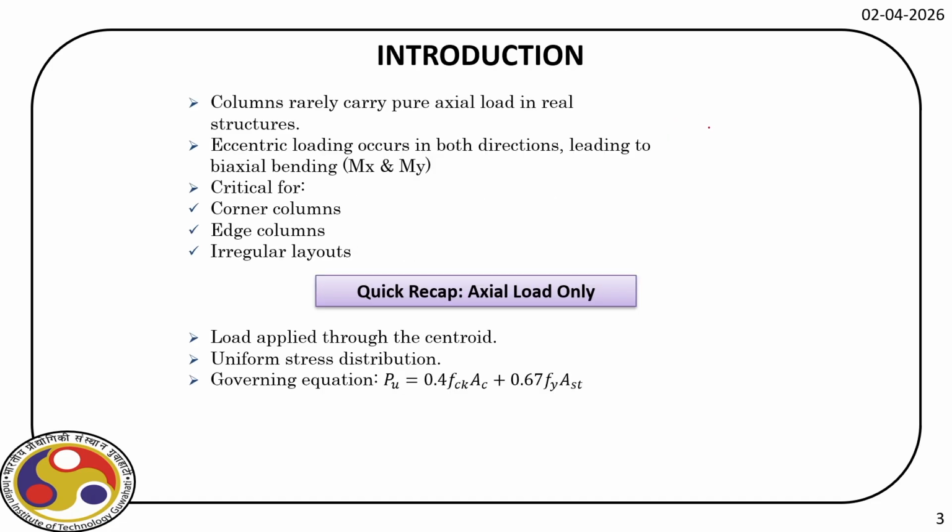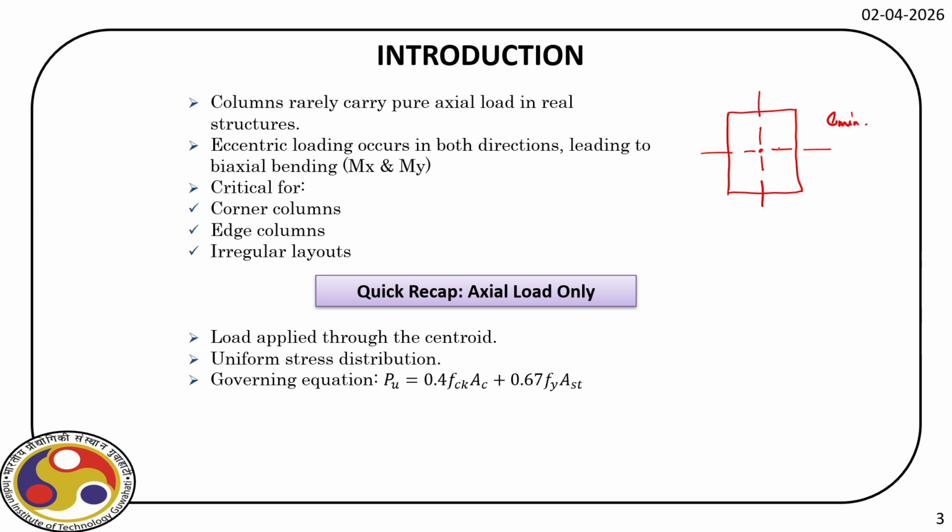Now if you recall, we have already designed a column, say a rectangular column having axial loading, and initially we first designed with axial loading and minimum eccentricity, right?